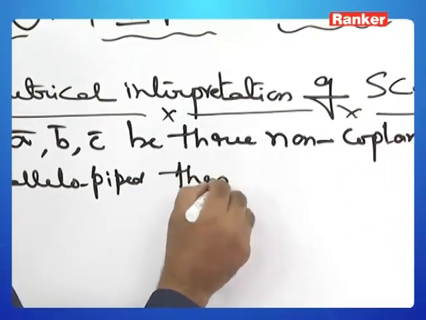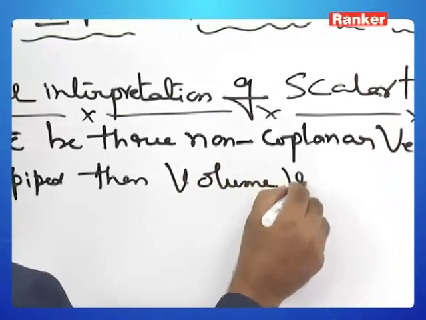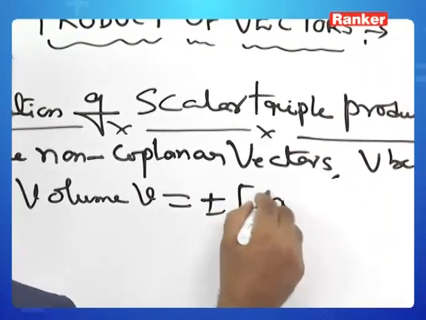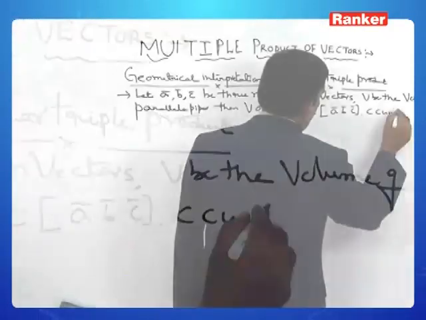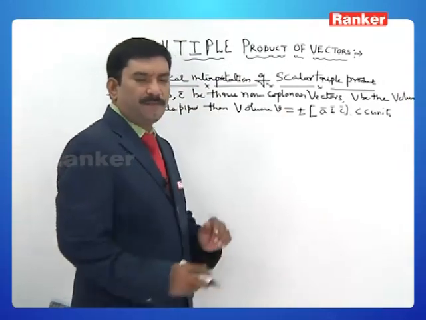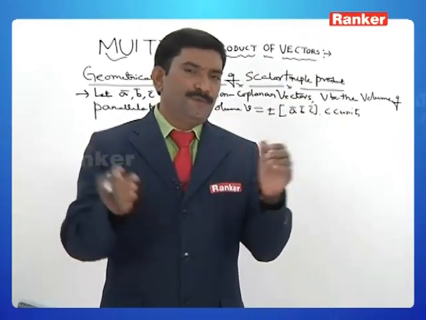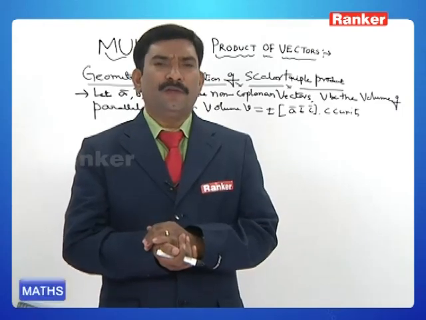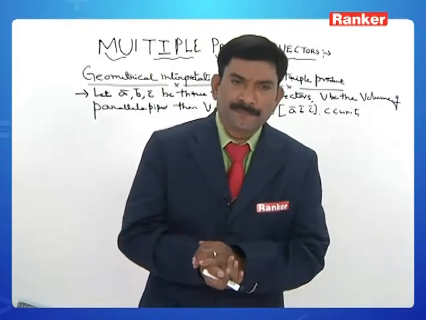Then the volume V is equal to plus or minus box of ABC, cubic units. Why plus, why minus? Volume cannot be negative, that everyone knows. It is always positive. But even if negative comes, we are taking it as positive by taking the modulus.